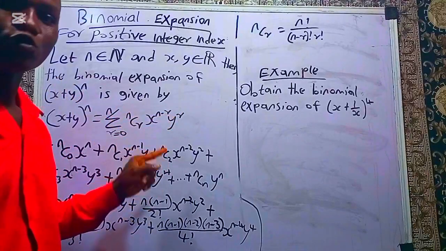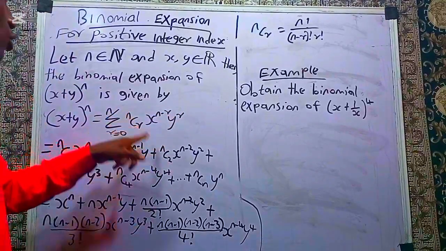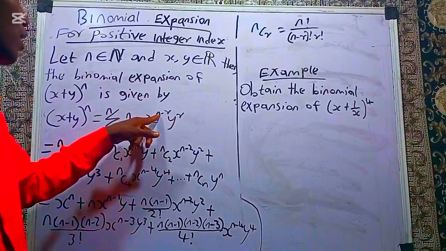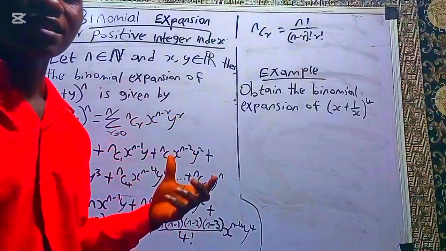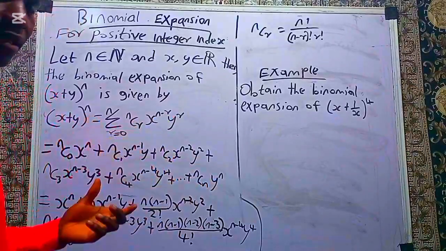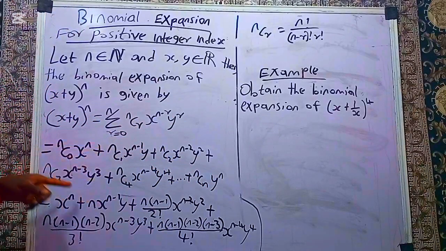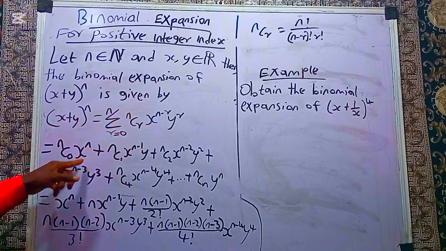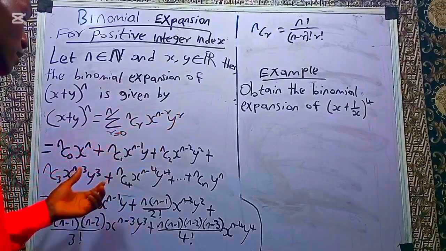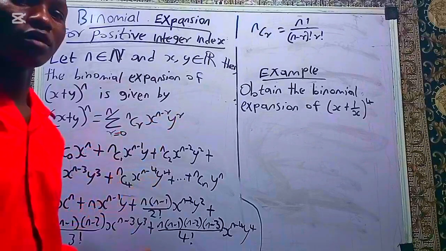When r is 2, you'll be having n combination 2, then x raised to power n minus 2, then y raised to power 2. When r is 3, you'll be having n combination 3, x raised to power n minus 3, y raised to power 3, and so on.